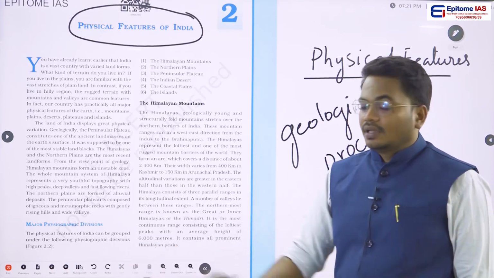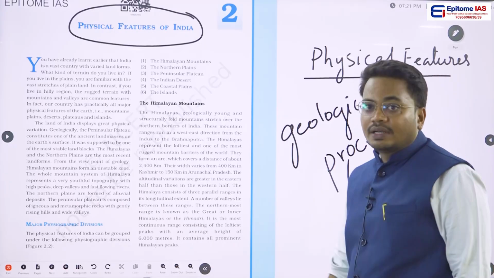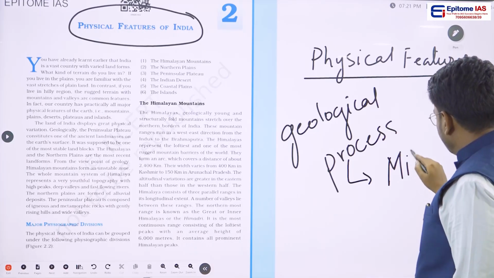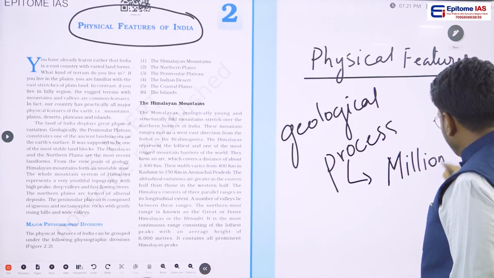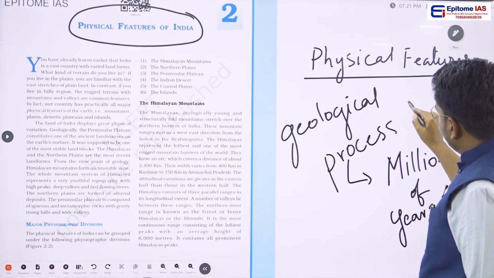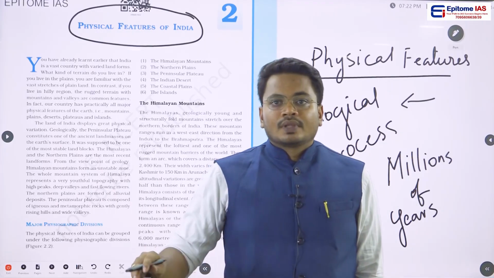But the point is, this geological process was not finished in 1 year. It took almost millions of years to form these geological features that are present in India, right?